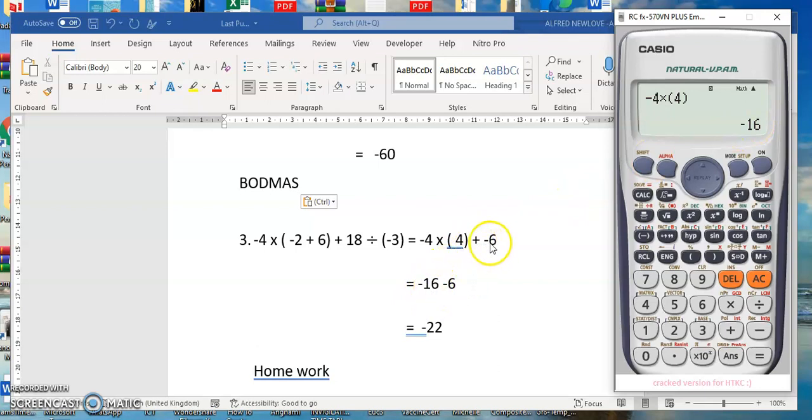Then we have plus minus. Remember I said plus minus is what? Minus. So minus 6. Then minus 16 minus 6 is going to give us minus 22. Let's see. Minus 16 minus 6. It gives us what?